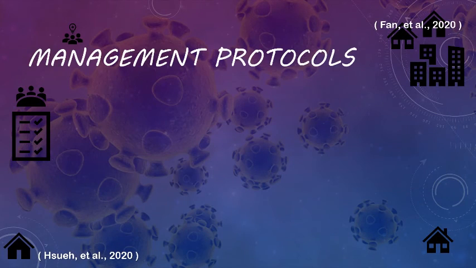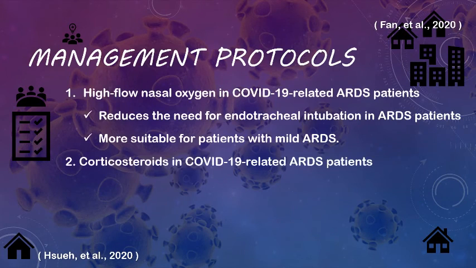As for the management protocols, high flow nasal oxygen is given in COVID 19 related ARDS patients. Hypoxemic respiratory failure in ARDS generally results from intrapulmonary ventilation perfusion mismatch or shunt and usually requires mechanical ventilation.